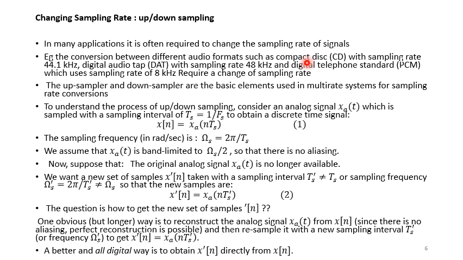Similarly, we have another format, digital audio tape, and digital audio tape has a sampling rate of 48 kilohertz. Another one is digital telephony, which has a standard called pulse code modulation, or PCM, and PCM uses a sampling rate of 8 kilohertz.